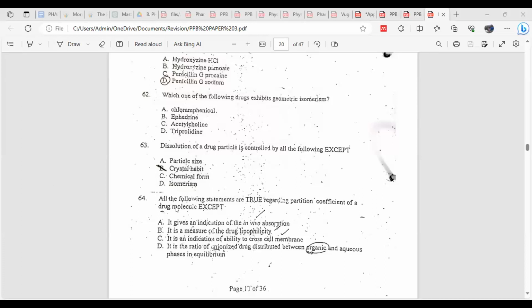The next: all the following statements are true regarding partition coefficient of a drug molecule. We covered this. That's true regarding partition coefficient.